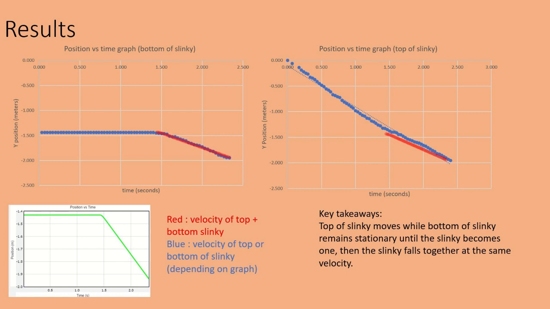So that's why there is no change in position. And the position of the top of the slinky is almost a linear graph, which shows that it's being compressed. And the red shows that the top and the bottom follow the same position over time, aka the velocity. So once they compress, they fall with the same velocity. And as you can see, our GlowScript code sort of produced the same thing.